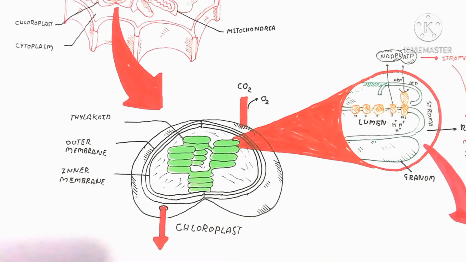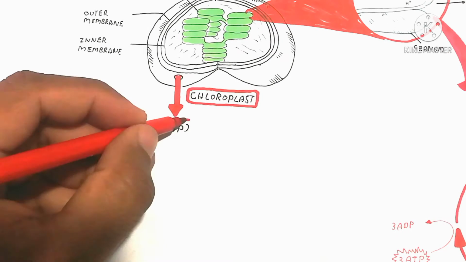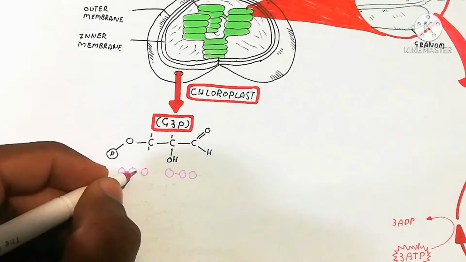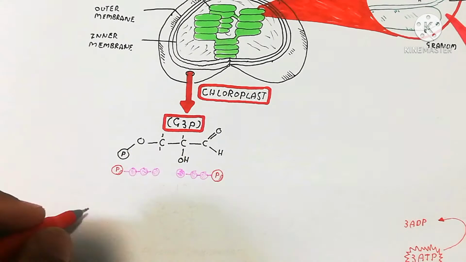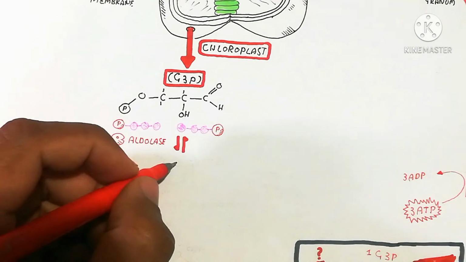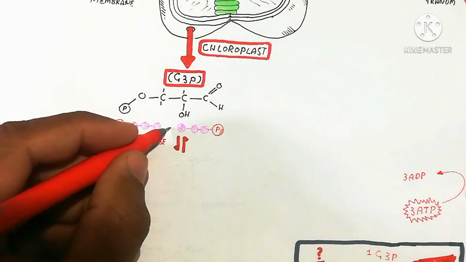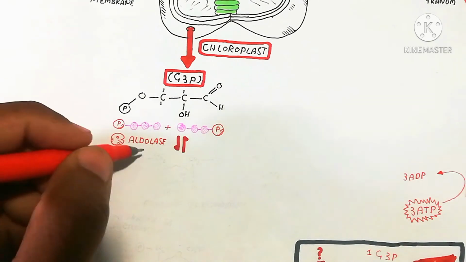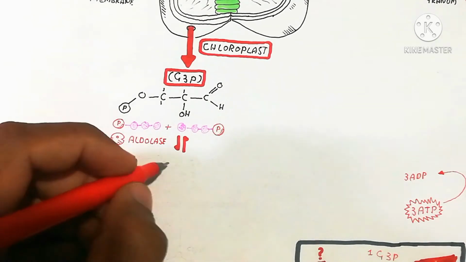So here is the chloroplast, which produces glyceraldehyde 3-phosphate by the Calvin cycle. One cycle produces glyceraldehyde 3-phosphate, and when one more cycle is done, we have 2 glyceraldehyde 3-phosphate, or G3P.